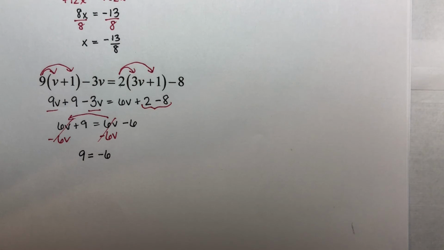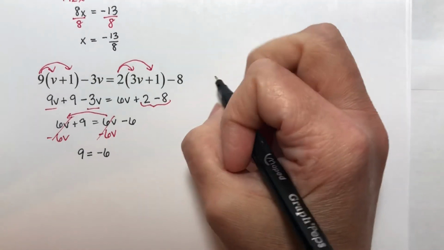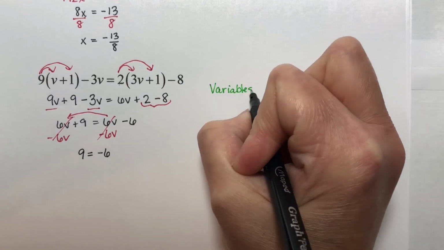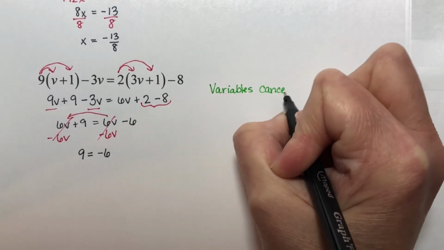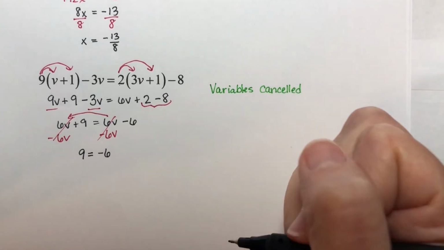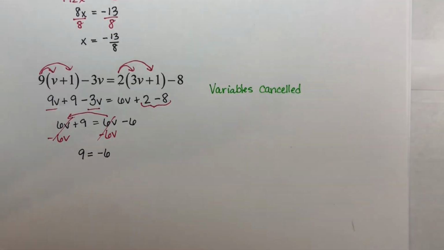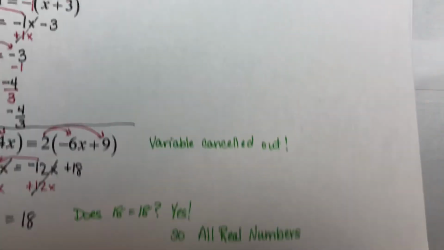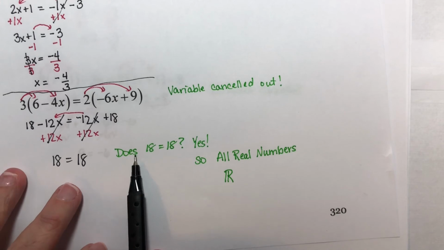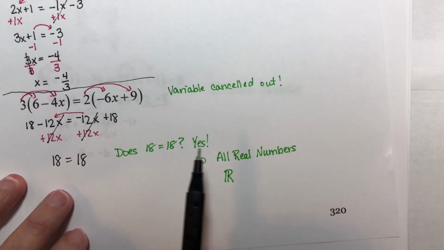Now, if you recall, when your variables cancel out, you have something weird. So it's either all real numbers or it's no solution. If you look back, we ended up on this previous problem with something that was true. 18 did equal 18, so we said our answer was all real numbers.